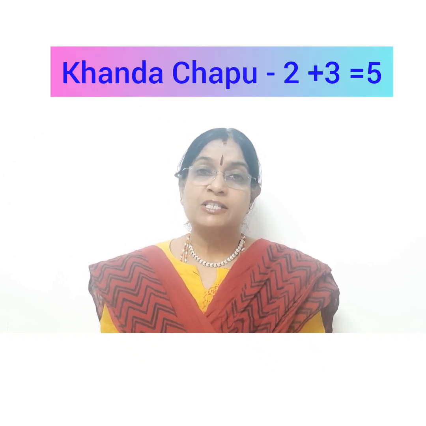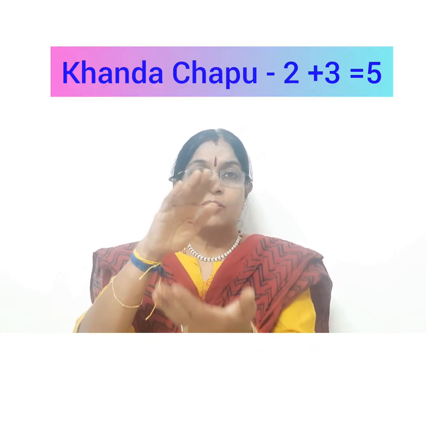You have also the Khanda Chapu, which is 5. 1, 2, 3, 4, 5. 1, 2, 3, 4, 5. 1, 2, 3, 4, 5. Paridana Bichite palintu mo, vandegam jagat.